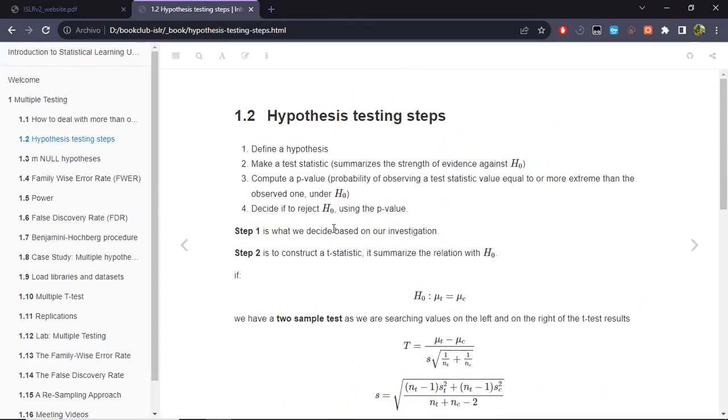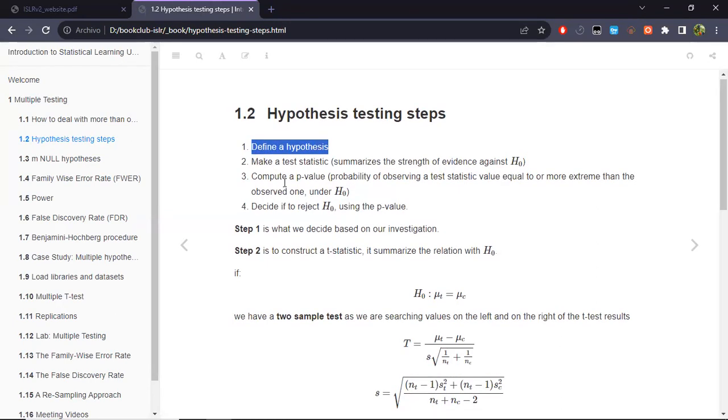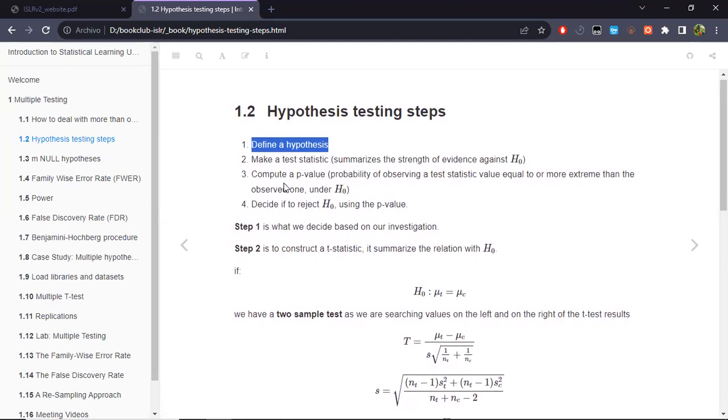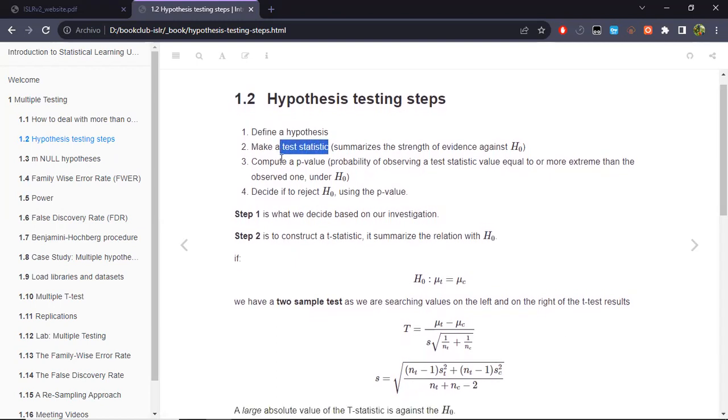Over here, it's a little bit more in depth, the steps for hypothesis testing. As we saw in the previous example, we begin by defining some hypothesis, but then in order to get a sense of the strength of the evidence against such hypothesis, we make some test statistic.